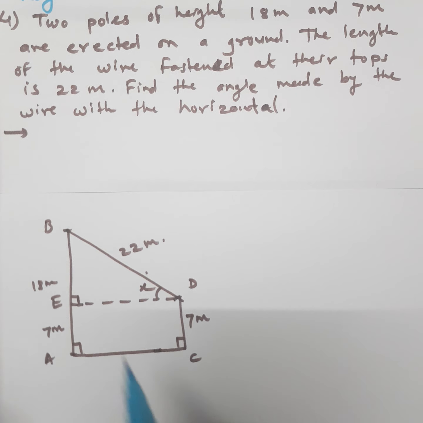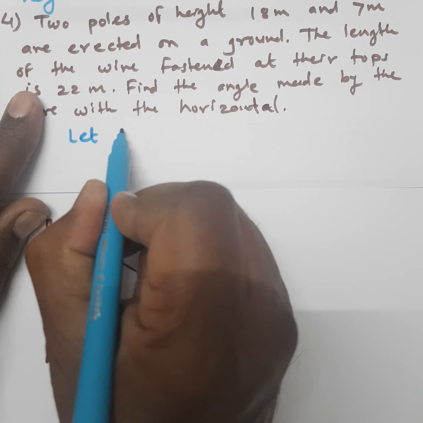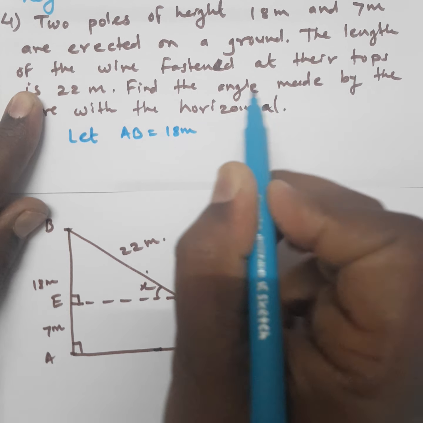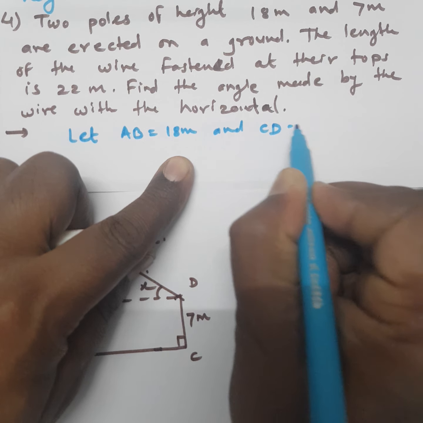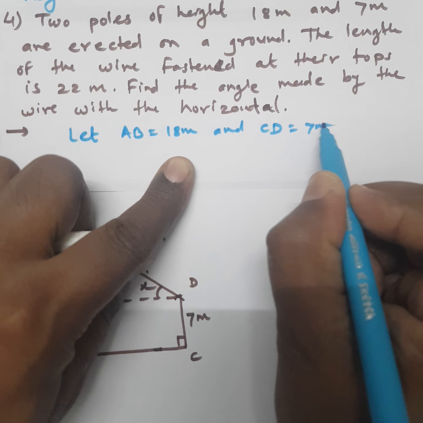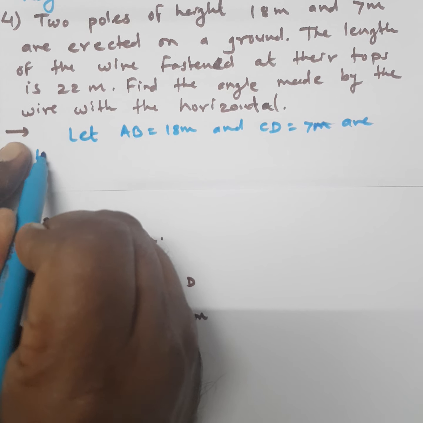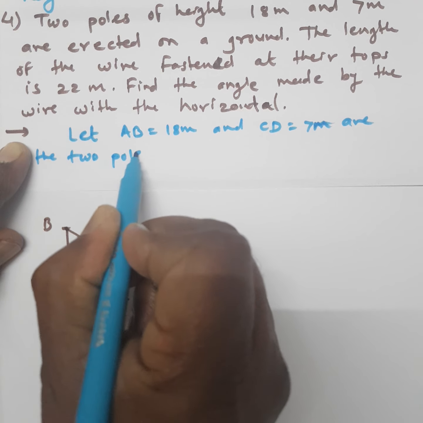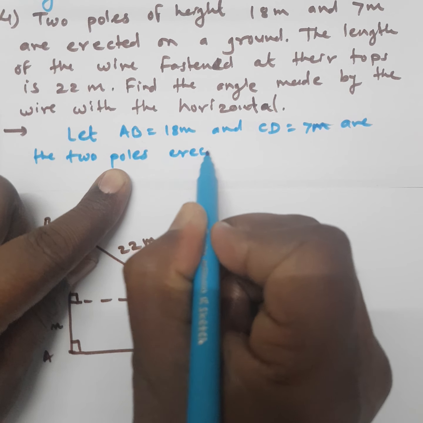AB is equal to 18 meter and CD is equal to 7 meter are the two poles erected on the ground.